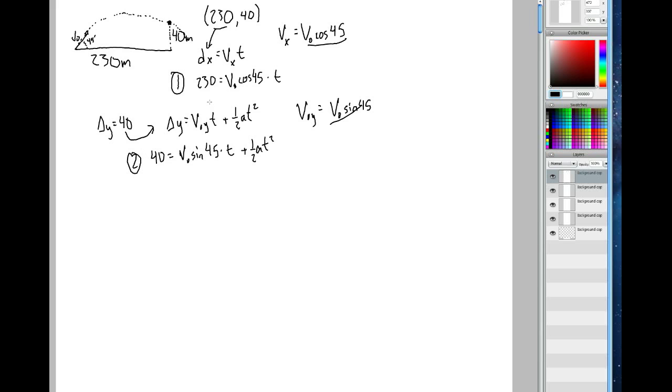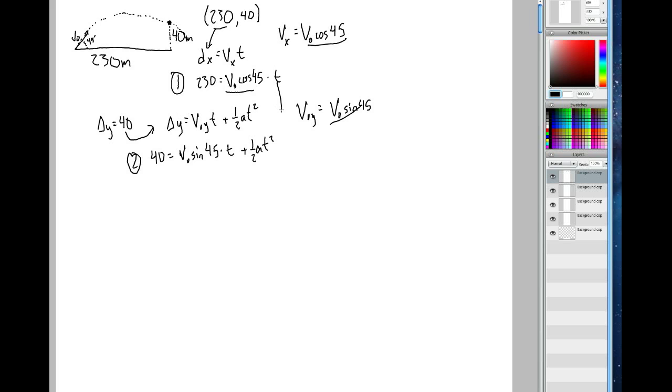So if you look at this, those of you that are ACT pros, we've got two equations and two unknowns. So what I would do is solve equation 1 for time. To do that, I just divide both sides by V naught cosine 45.